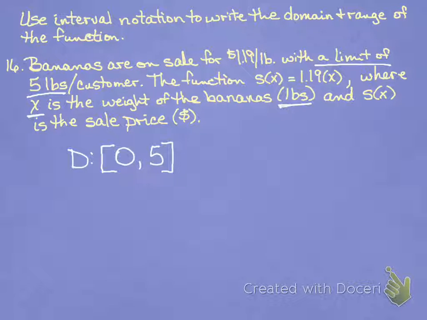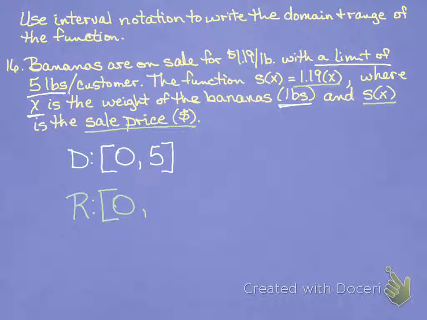Now, for our range, my range is S of X. It is the sale price in dollars. The equation is 1.19 times X. My lower limit, the amount that I spend when I buy 0 pounds, is $0.